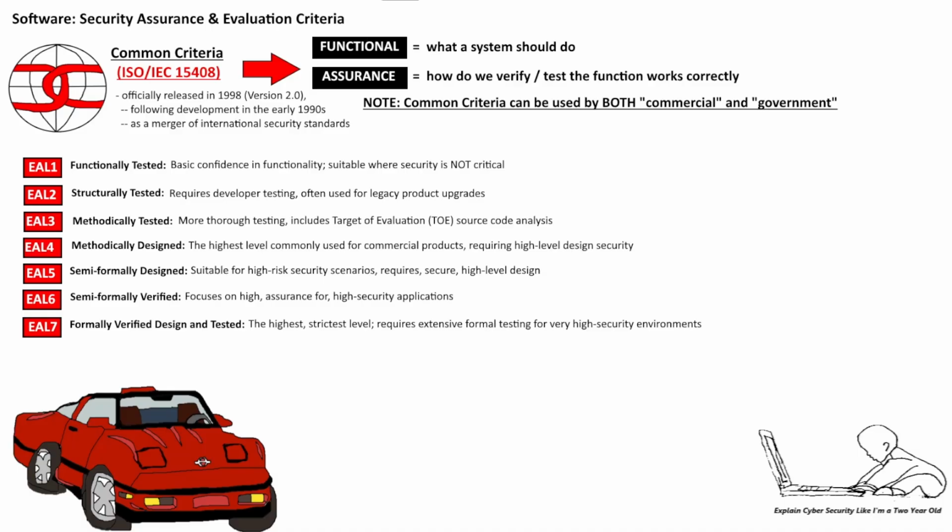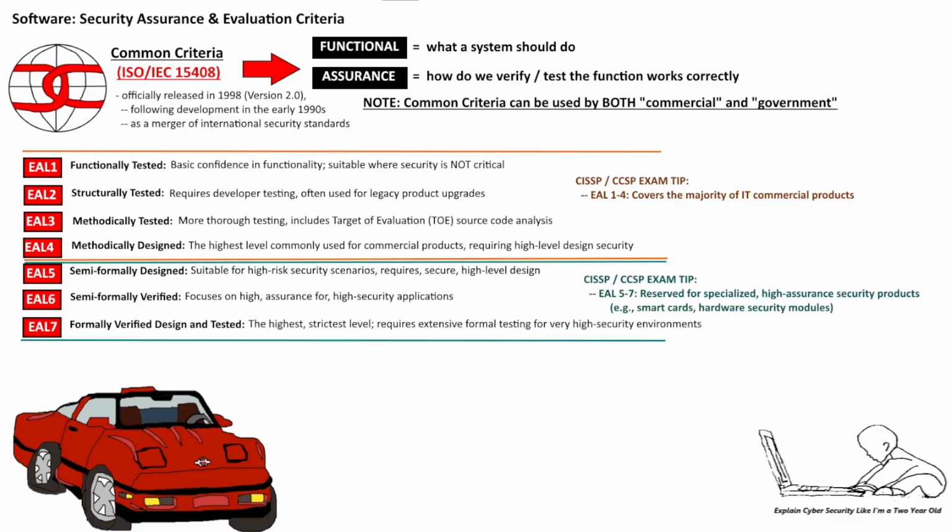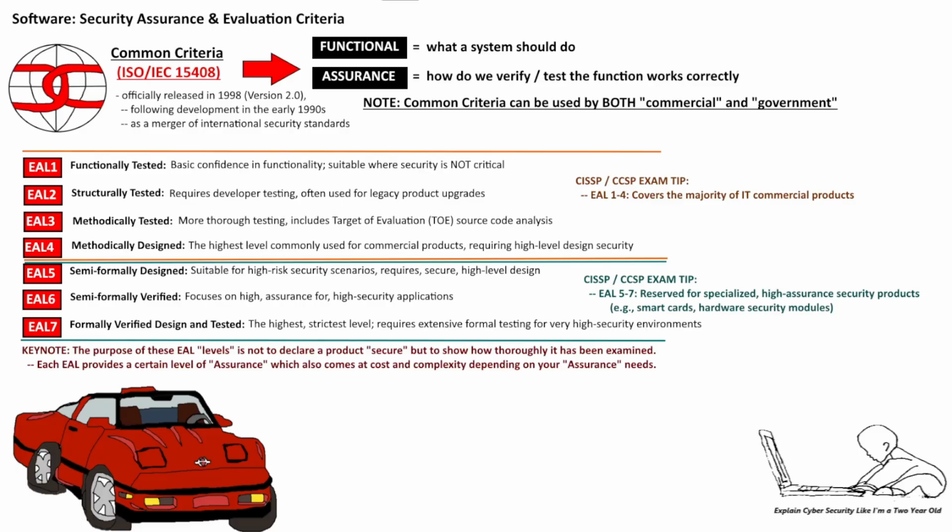In other words, each EAL level provides a certain level of assurance depending on what your needs are. But for the most part, as a general rule of thumb, the EAL levels 1 to 4 cover the majority of IT commercial products, and the EAL levels of 5 to 7 are reserved for specialized high assurance security products, which also can include specialized national security and government systems.